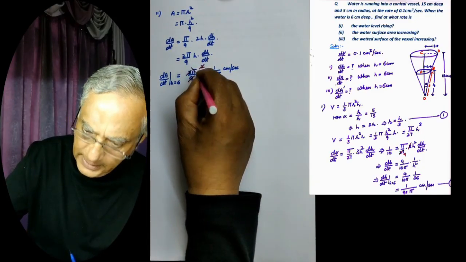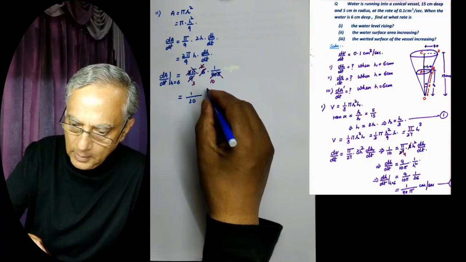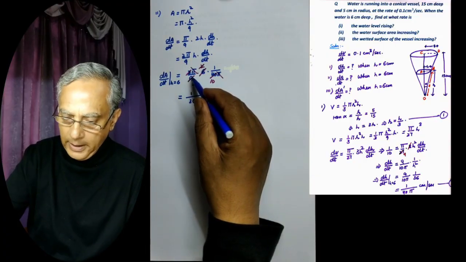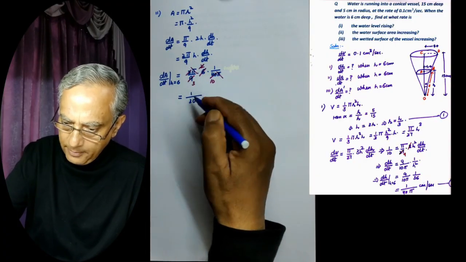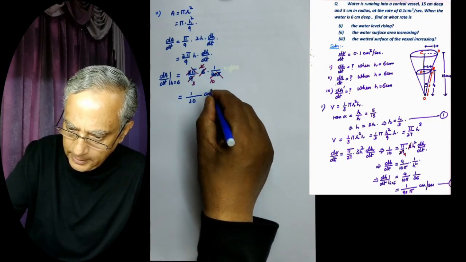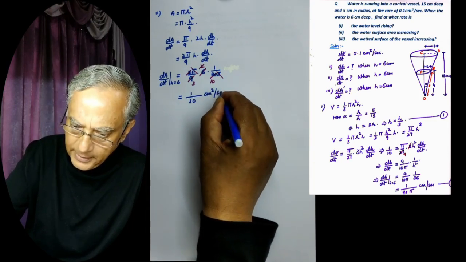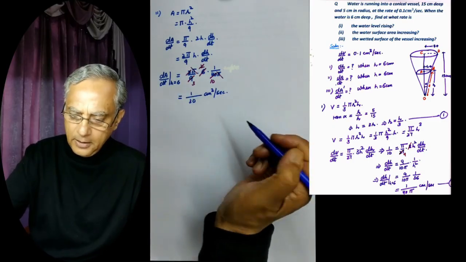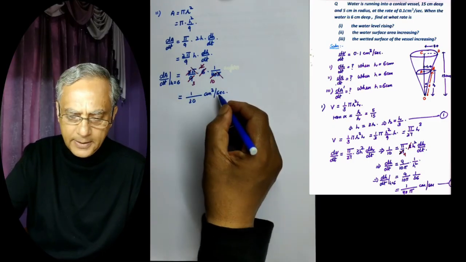Pi cancels with pi. And this is equal to 1 by 30 centimeters square per second. Area is in centimeter square per second.